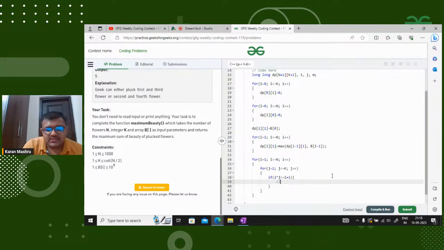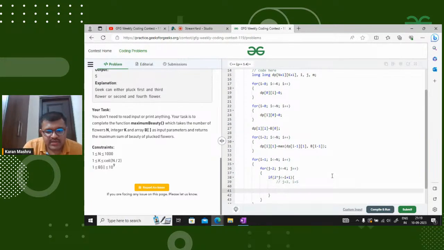Because suppose I want to take j equals 3 number of flowers, then the value of i should be at least 5, that is 2 star j minus 1. Then I'll pluck the 0th flower, second flower and the fourth flower, right? So it should be at least that much because we cannot pluck two consecutive flowers.